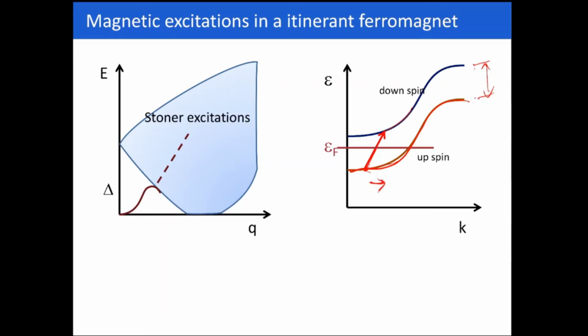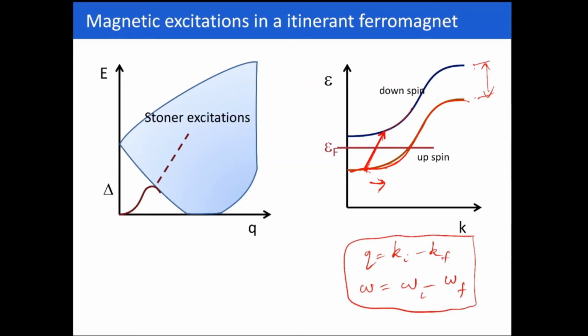So we've got an initial one and a final one. So we could say Q equals initial minus final, delta Q for the excitation, and a change in energy. So this would be omega, also omega initial and final with these two energies. So this is a spin flip excitation, sometimes called a Stoner excitation.